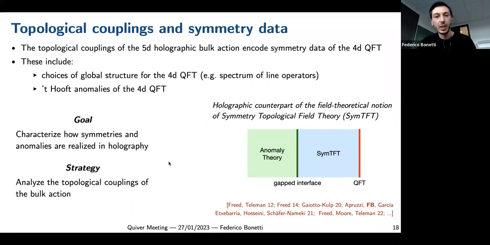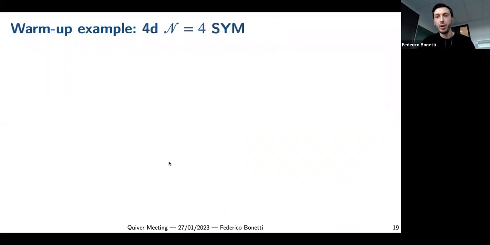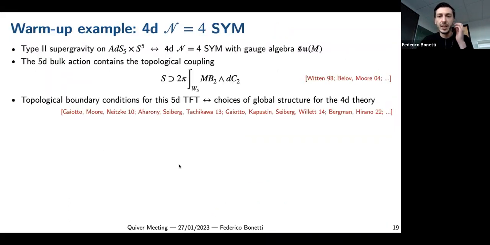Before jumping to the case that we want to study, let's consider a simpler example, namely AdS5 times S5. In this case, if we look at the bulk action in 5 dimensions, we find this famous mixed BF coupling between the two forms.